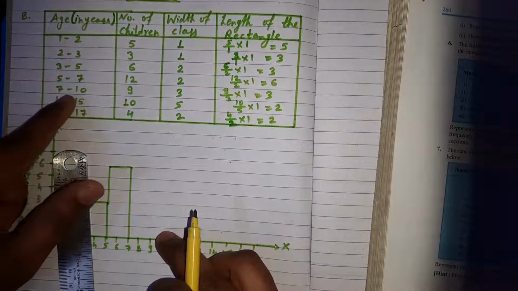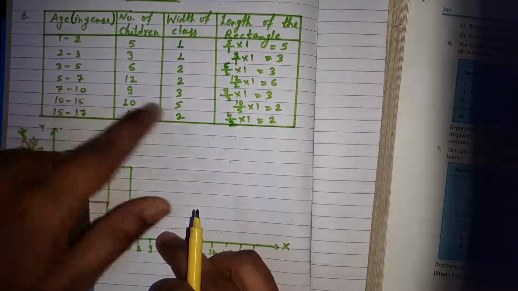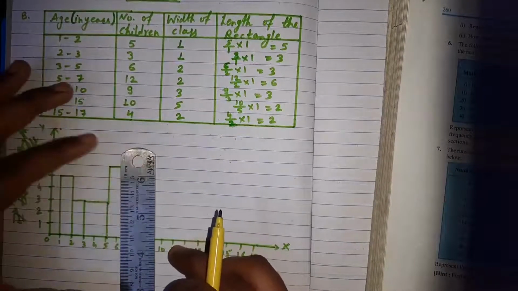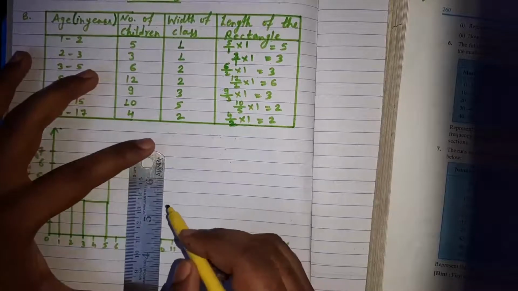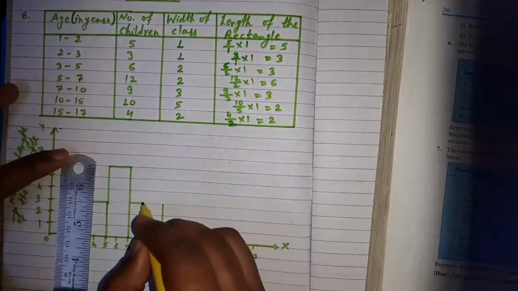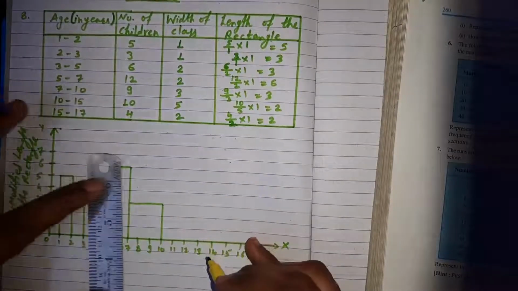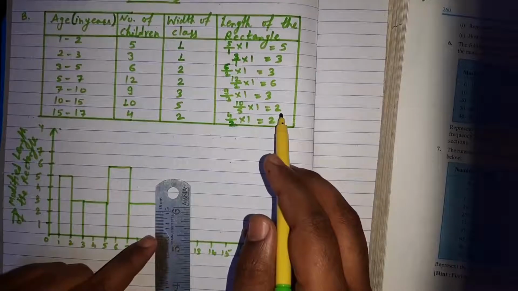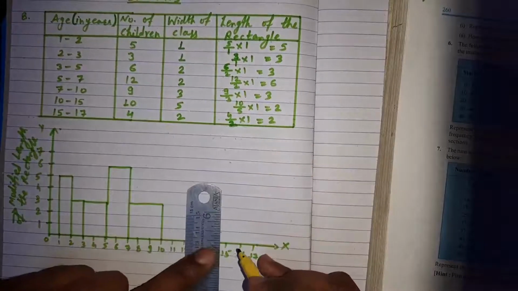For the next class interval, 7 to 10, the modified length of the rectangle is 3. For the next class interval, 10 to 15, the modified length of the rectangle is 2.